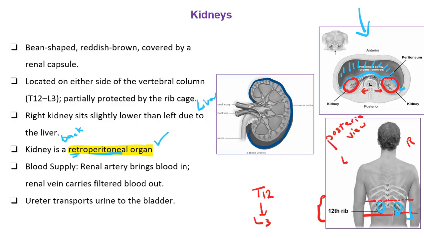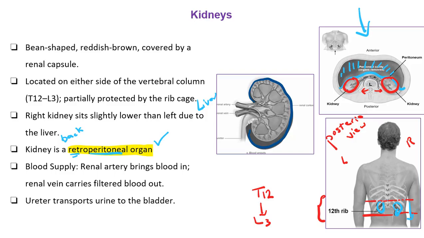Kidneys are very important organs. We talked about the kidney's function in another video, but they should be well protected. They are protected by our rib cage, specifically ribs 11 and 12, which cover or protect our kidneys. There is also fat tissue, a connective tissue, covering the kidney to protect it.